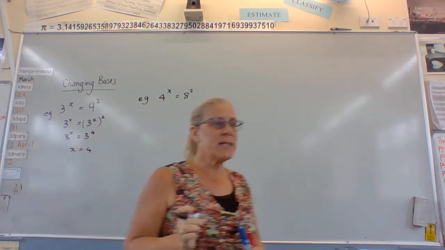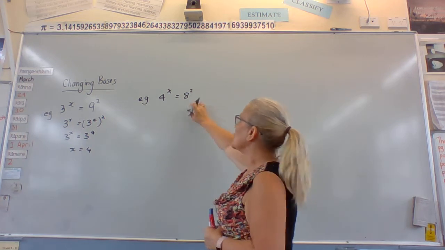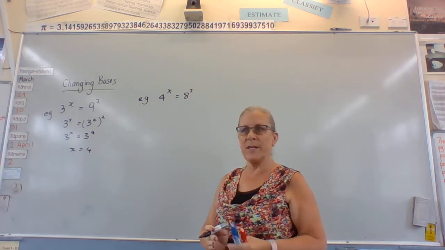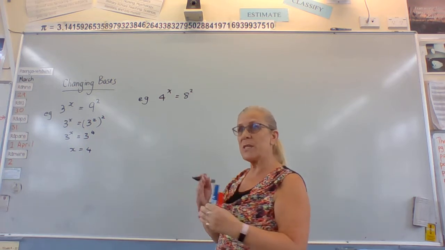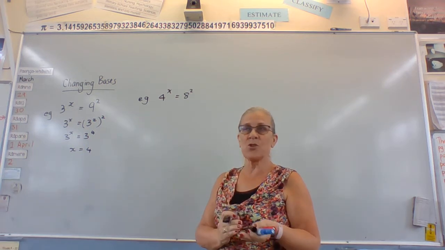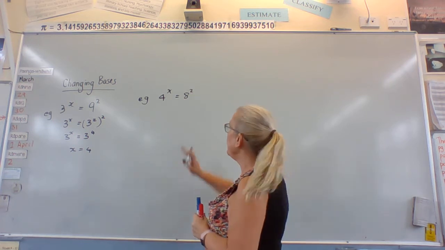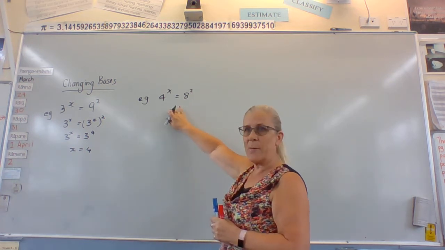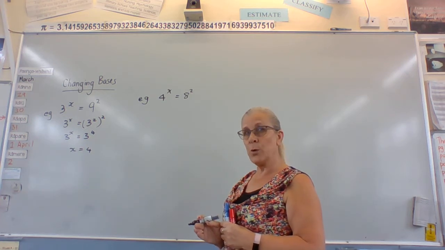We could do this particular one, and the last one, by actually finding out what 8 squared is, but what we're trying to do here is use the power of exponential rules to make those bases the same. So to make these two the same, what would the base be? 2.